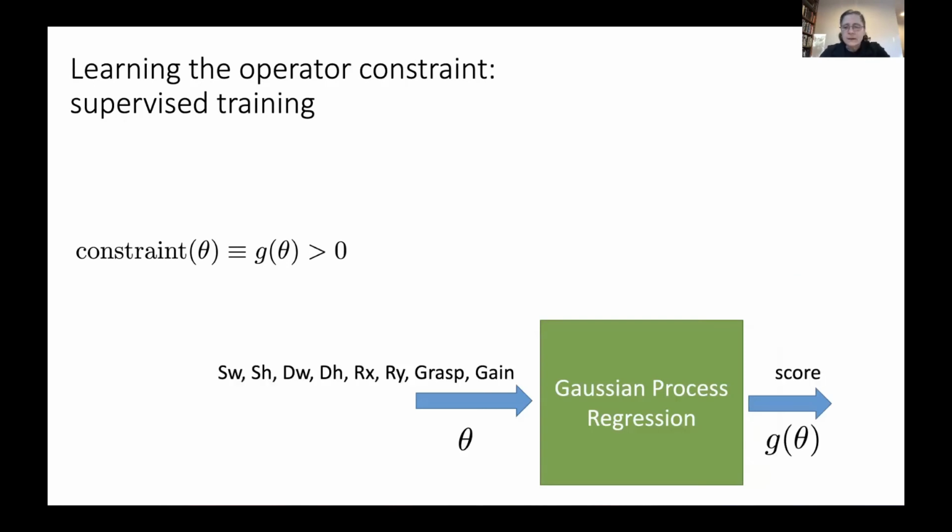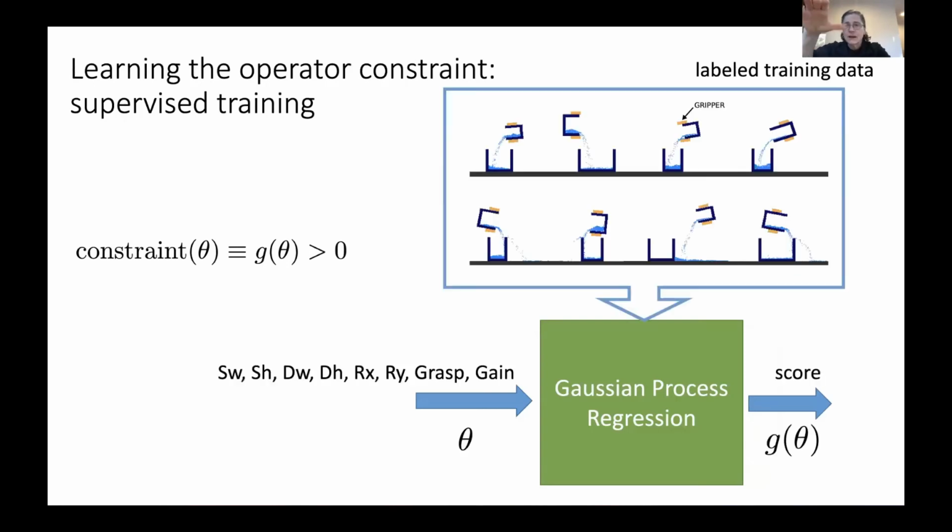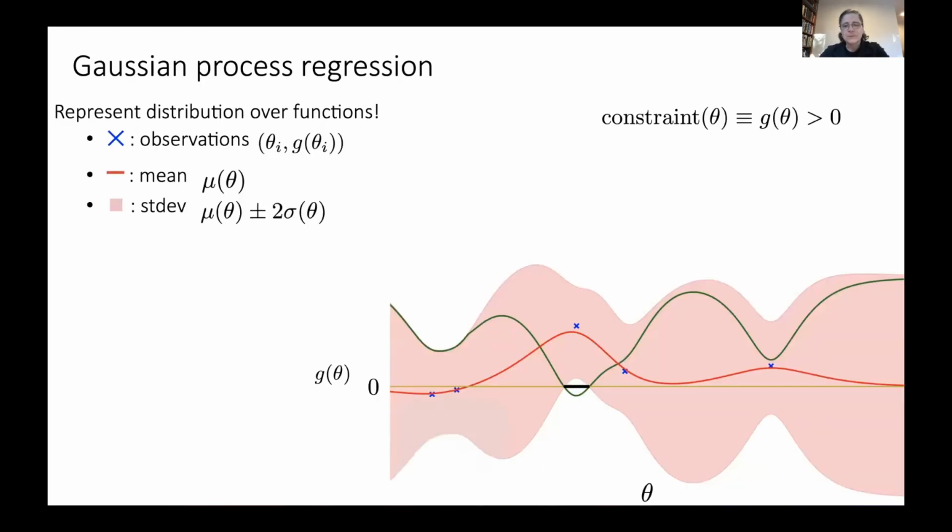So we do learning by generating pouring in many different kinds of circumstances, and using a Gaussian process regression method, we learn to score possible pouring instances. That helps us understand under what circumstances a pouring operation will be successful and when it won't.